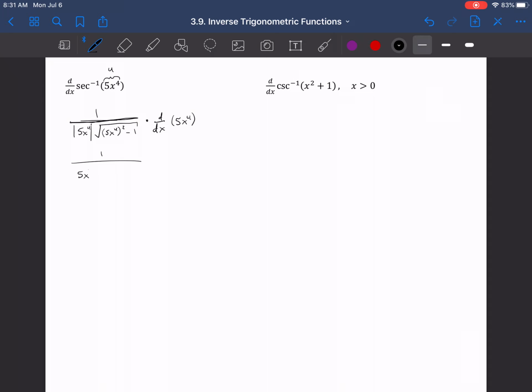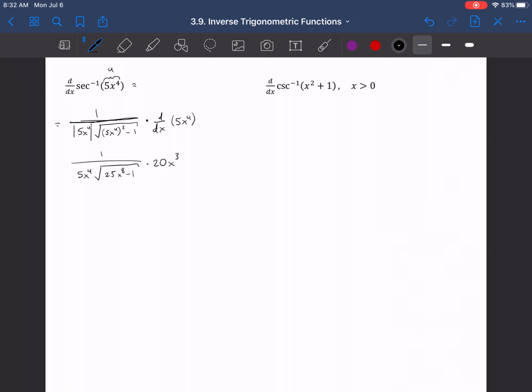So this is 5x to the fourth times the square root. 5x to the fourth squared, well, 5 squared is 25, and x to the fourth times x to the fourth is x to the eighth. Then the derivative of 5x to the fourth is 20x to the third: bring the 4 down, 4 times 5 is 20. And then dx, which is just 1, so we don't have to write it.